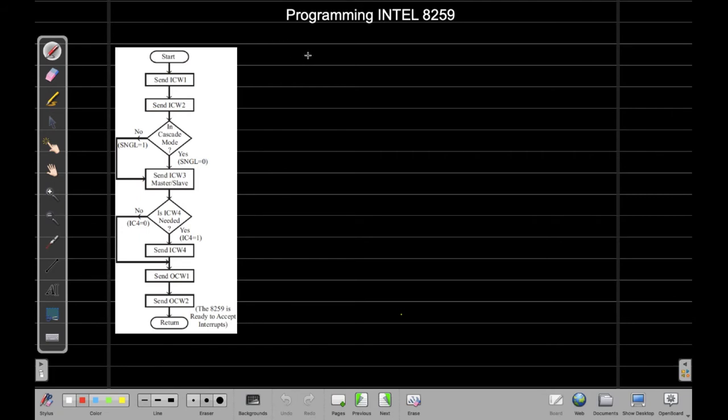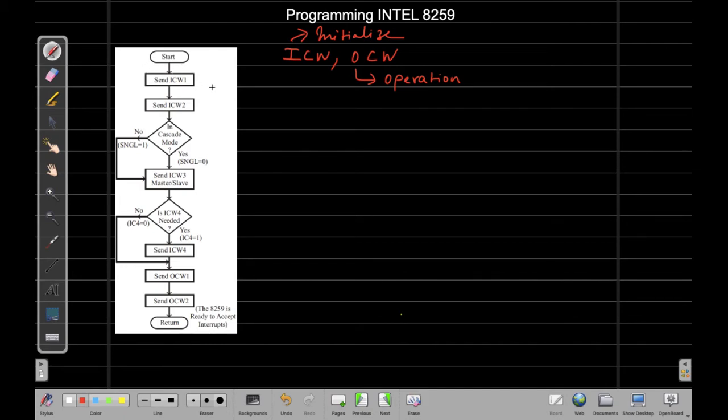As I said earlier, we have two control words in 8259. One is called ICW, the second one is called OCW. I stands for initialize, O stands for operation, and CW stands for control word.